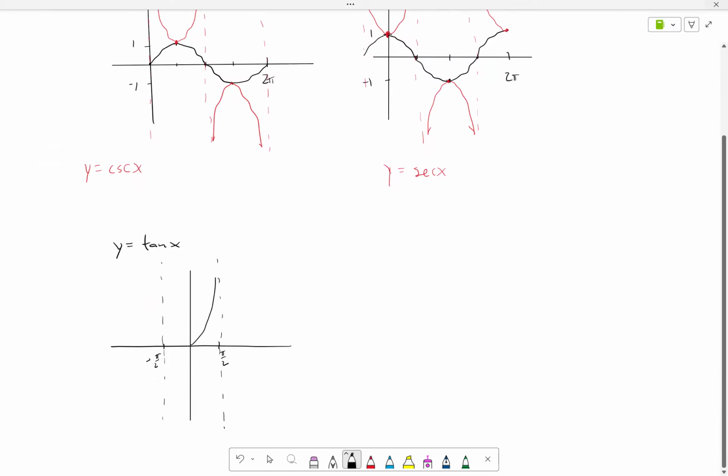The period is going on. They're getting cotangent? It's interesting.